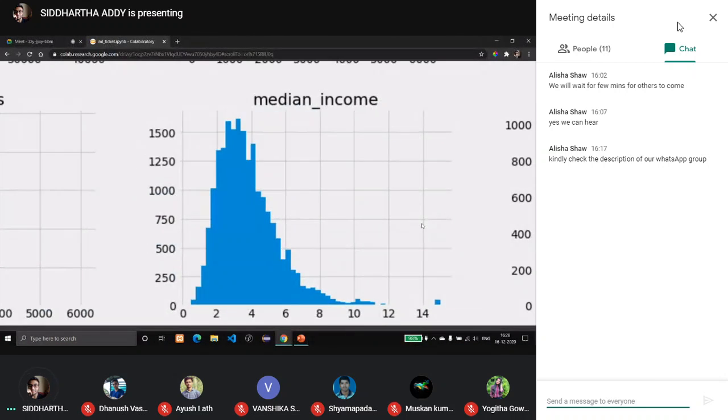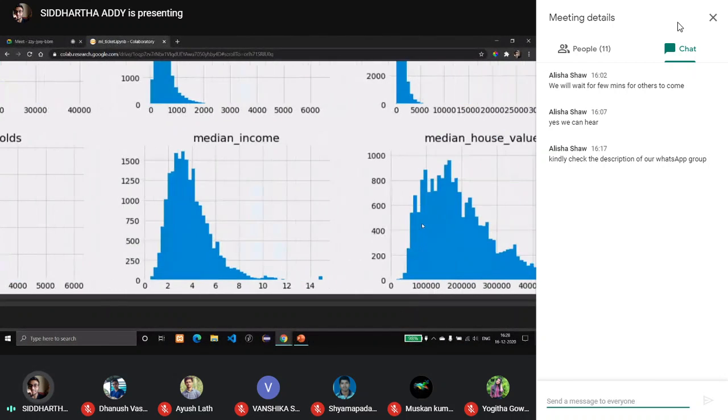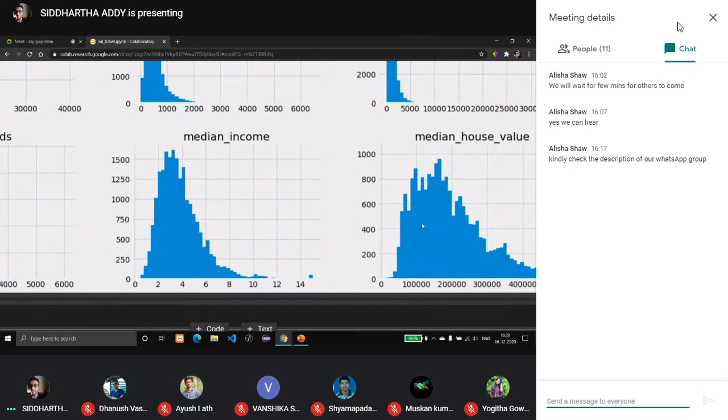So we come to know that this particular income is pre-processed data. The data set already contains pre-processed data, and this is not rare.